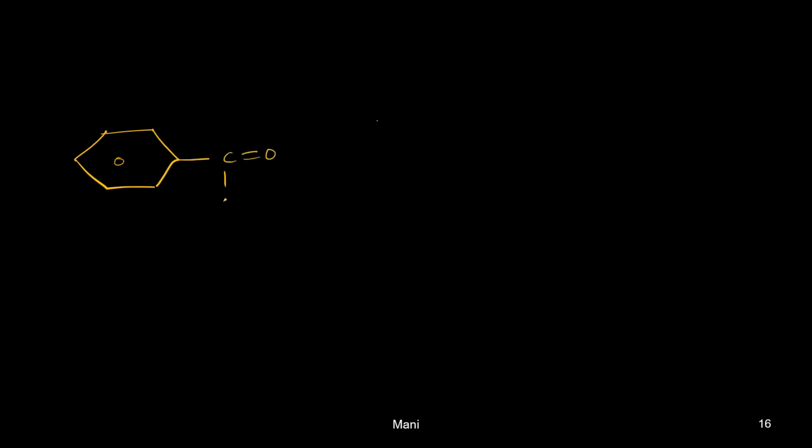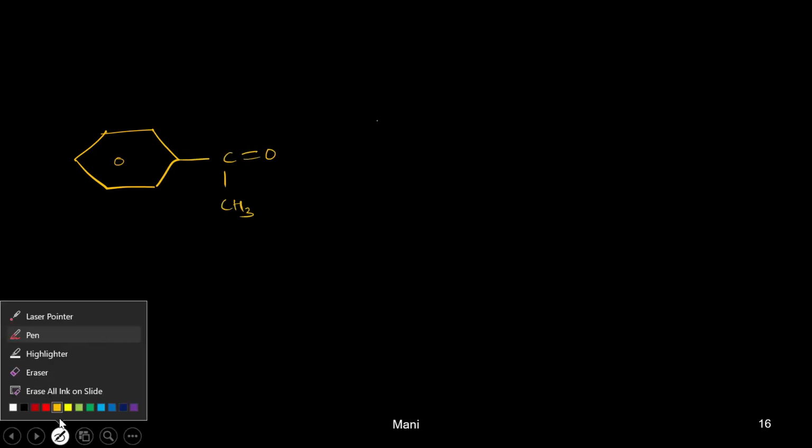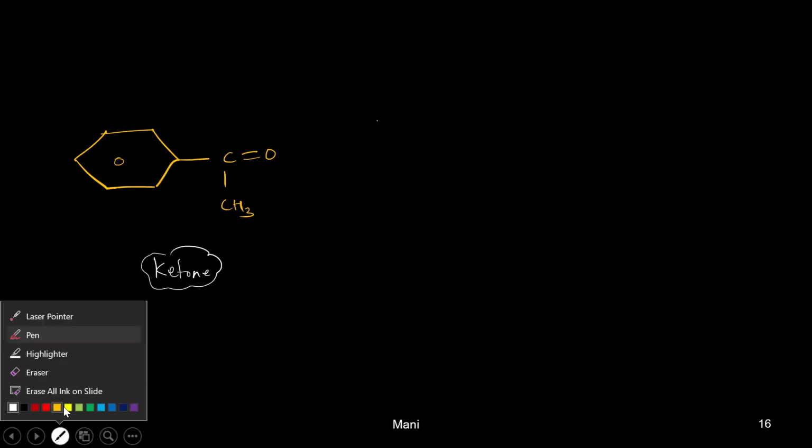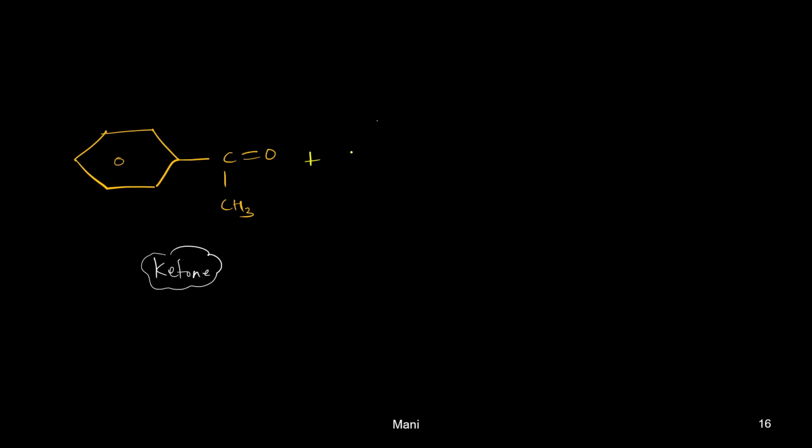So what is this group called? Is that a ketone or aldehyde? Ketone. It's a ketone. Okay. So this ketone, when you react with a hydrazine, do you remember from the previous class how the nitrogen will attach in the presence of the C double bond O?